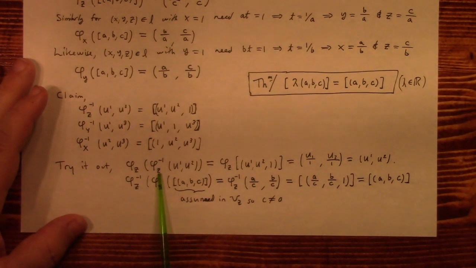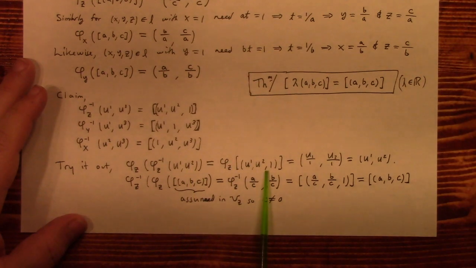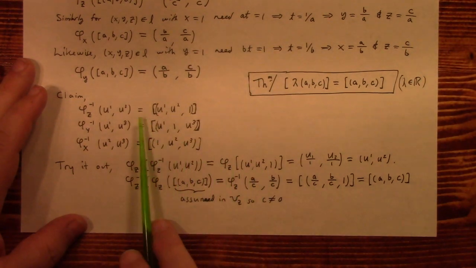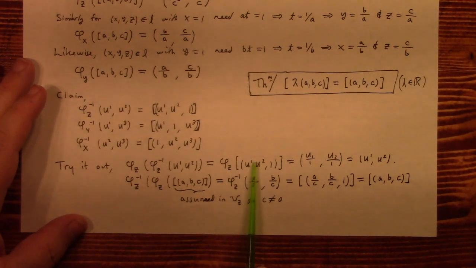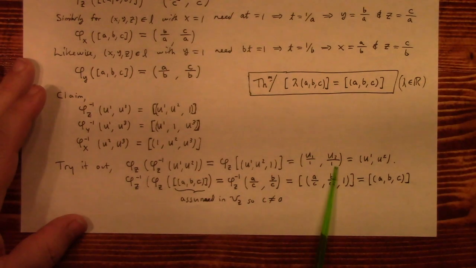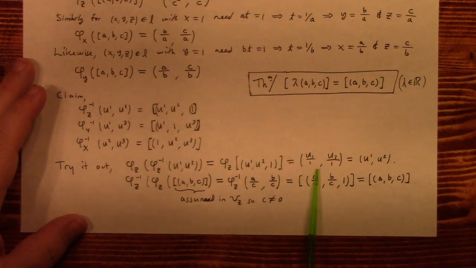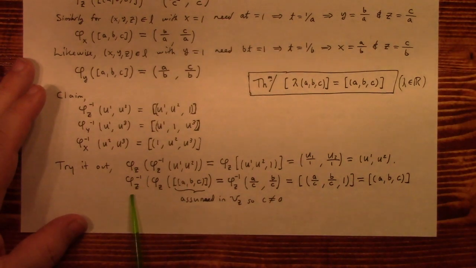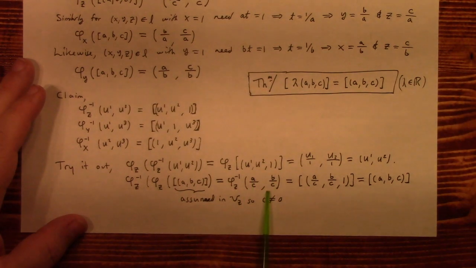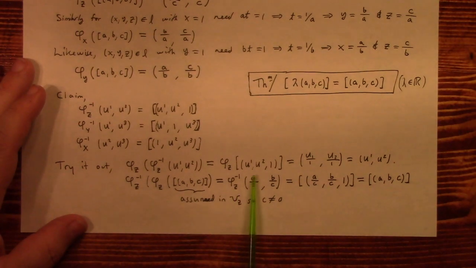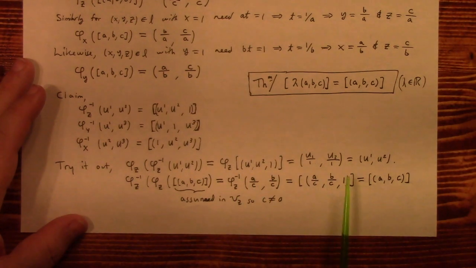So phi z composed with phi z inverse of this is that, by definition, by my claim of that being the inverse. But then when I let the phi z chart do its thing, I get u1 over 1 and then u2 over 1, which is u1, u2, which is what I want, right? And likewise, if we compose the other way, if I feed it the line generated by ABC with C assumed to be non-zero, then by construction, phi z is A over C, B over C. And then the inverse map says you just put this there, you put that there, you tack a 1 on it.